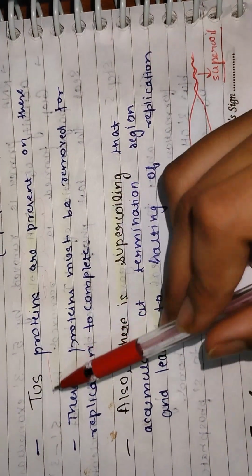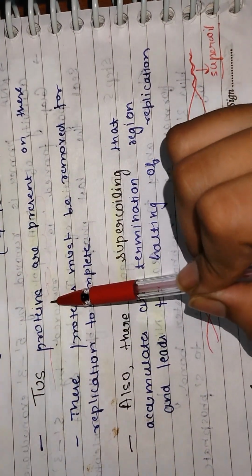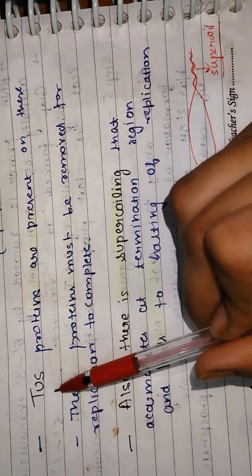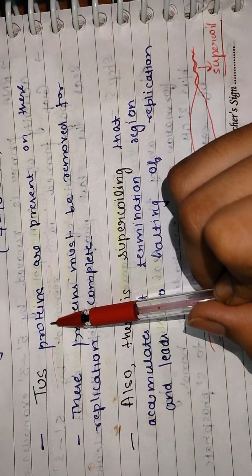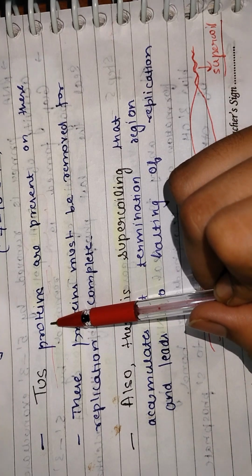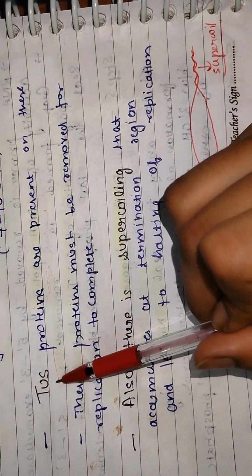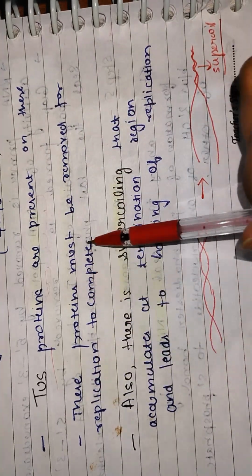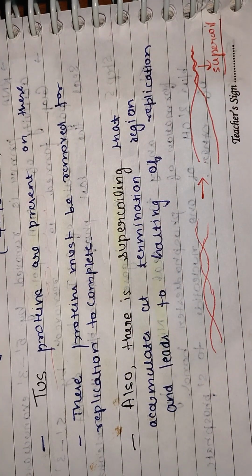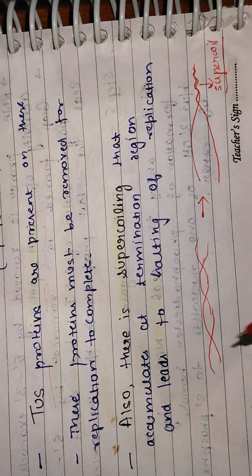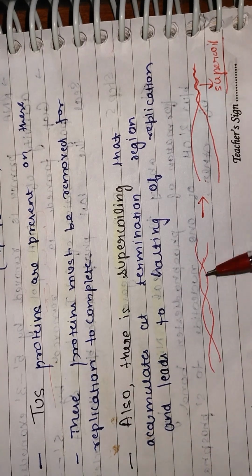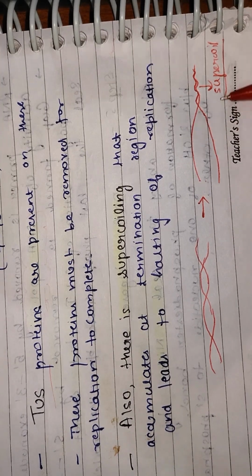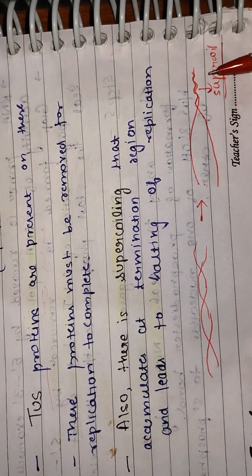These TUS proteins must be removed for the replication to complete, because they halt the process of replication, and DNA cannot be replicated completely in their presence. Also, because of the unwinding of the DNA during replication, a supercoil gets accumulated at the end of the DNA.